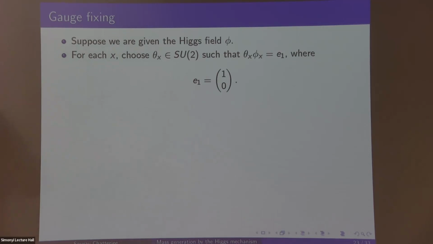Let me go through the slide and tell you what's going on. So suppose you are given this Higgs field phi. For each x, choose a theta_x so that theta_x phi_x is e1.